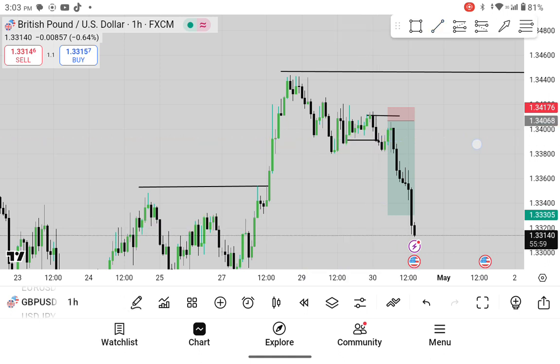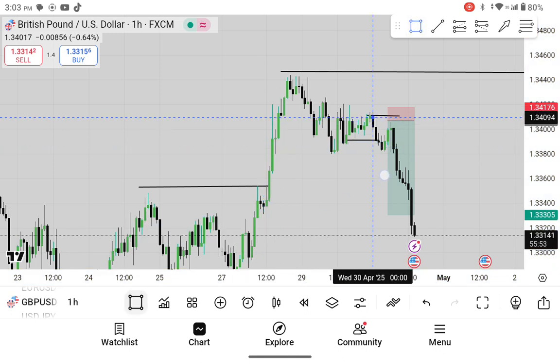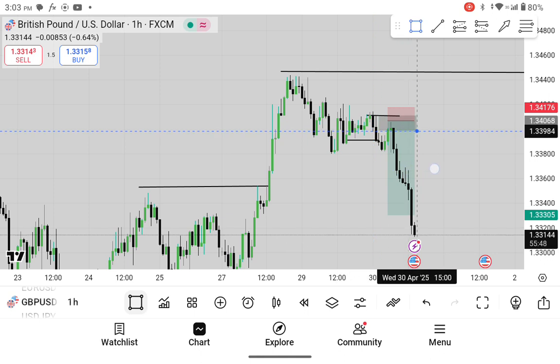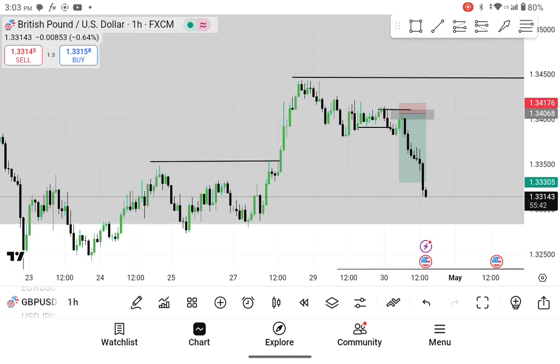I had to wait for the market to come all the way to this demand up here, because this zone now acted like a demand. The market came all the way up, and after tapping in, I took my sell from that point, and you can see we came straight down to our TP. We destroyed TP, guys.